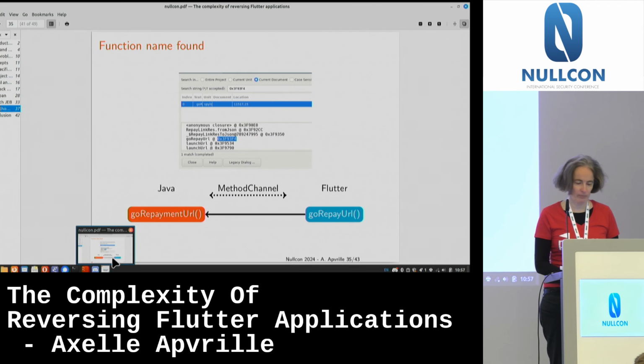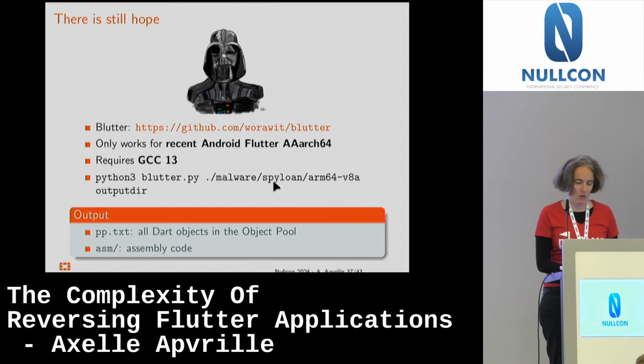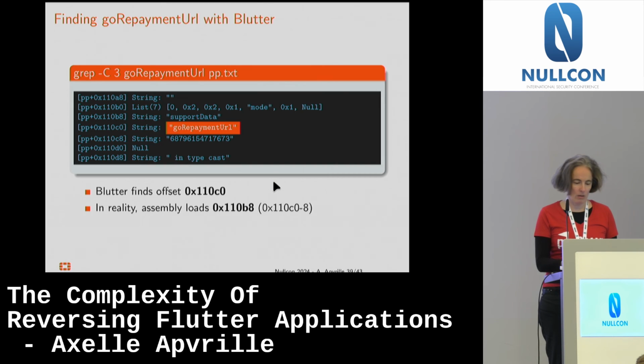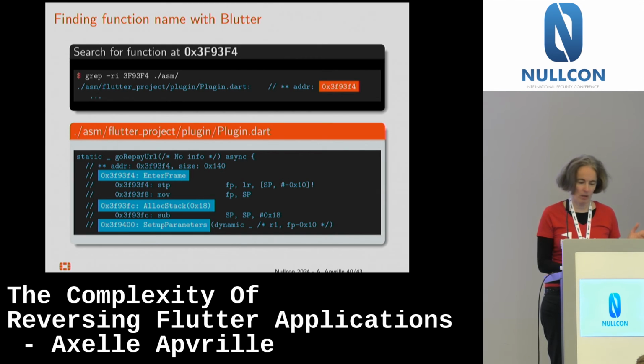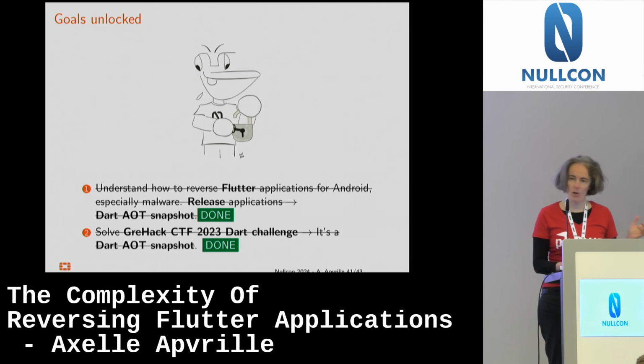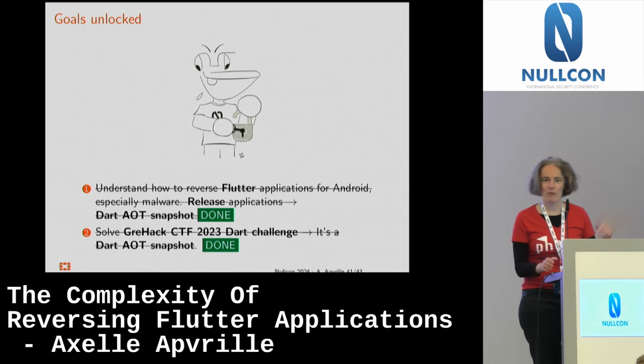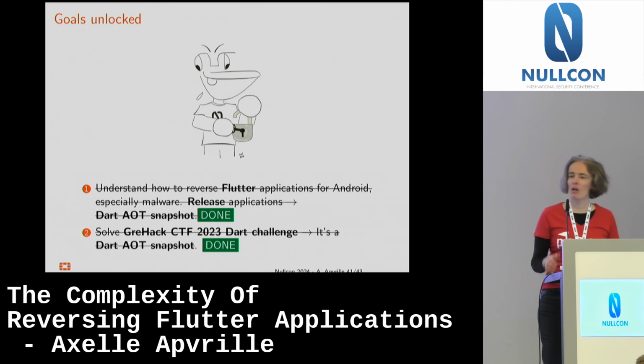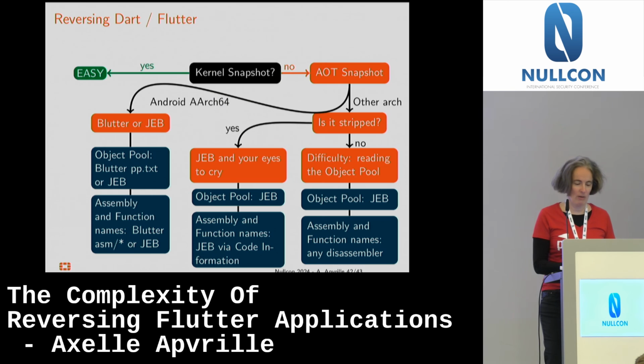Okay. And I'm nearly done. So, that's the demo. Yeah, I showed that, and I showed that one as well. So we have normally unlocked both our goals, Android malware reversing for Flutter applications, and the GreHack challenge.